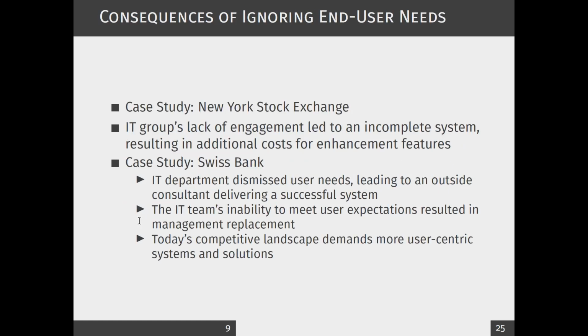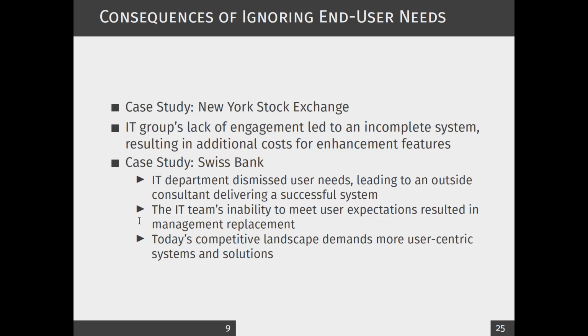Okay, final part for today. What are the consequences of ignoring end user needs? For example, one of the case studies from the book is the New York Stock Exchange, where engagement with the users was lacking, and it led to an incomplete system, so later they had to spend more cost on enhancing the features that they needed.